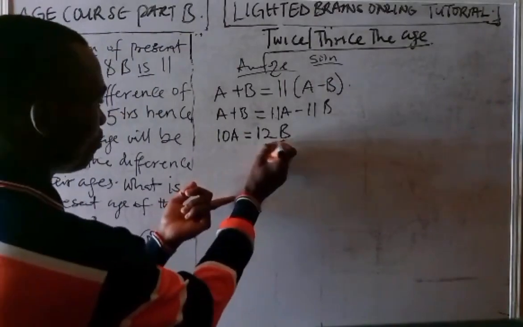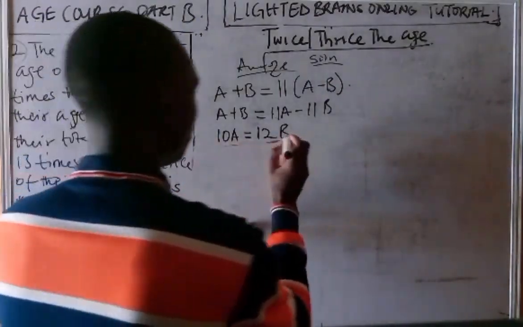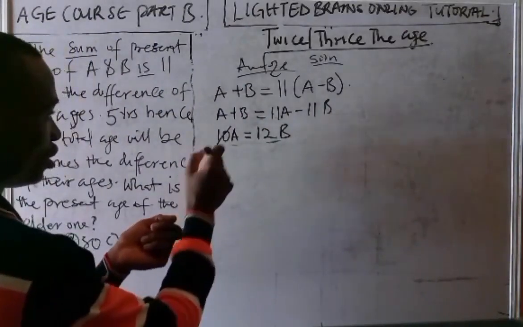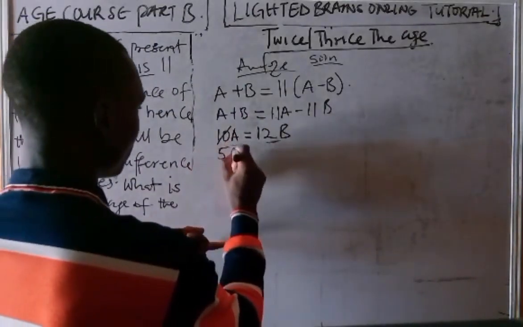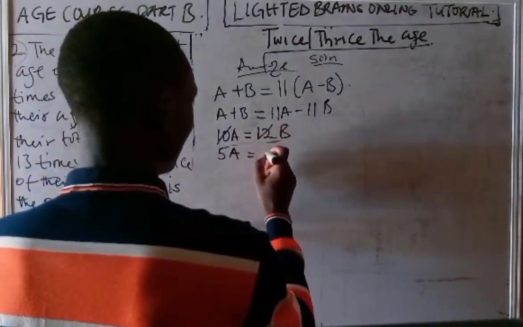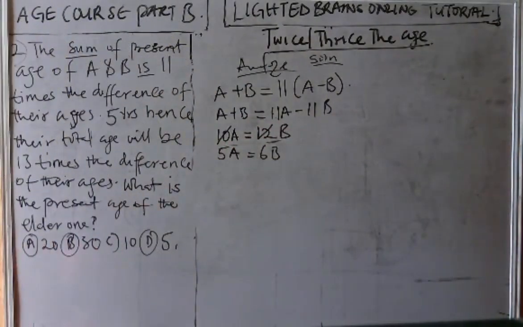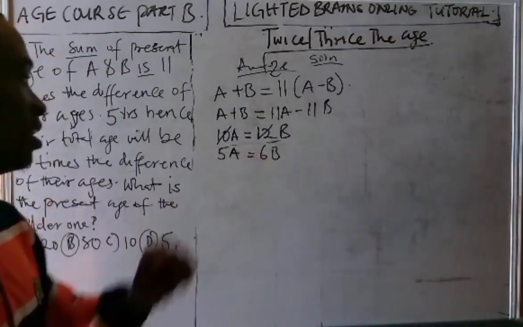Now I don't want to leave it in this complex form, so we cancel by 2. We have 5A and 6B.